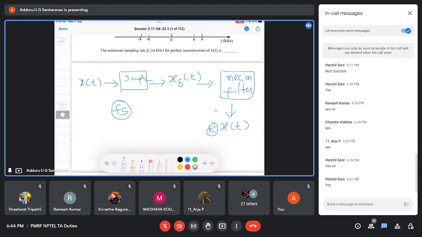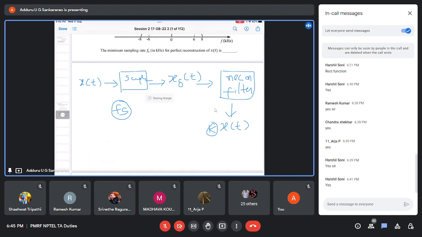I think you might have seen the Nyquist rate. A signal should be sampled with at least the Nyquist rate so that you can reconstruct the original signal. So fs should be greater than or equal to 2 fm, that you know. But here the filter response is also given, so what will be the minimum, that we need to see.